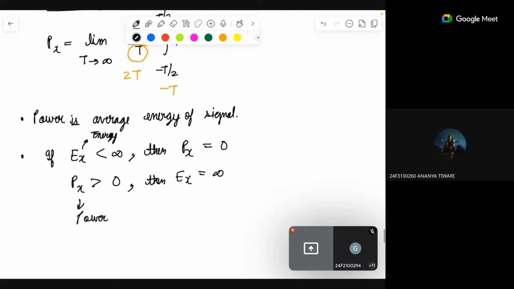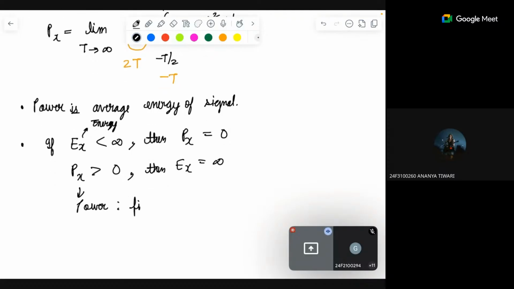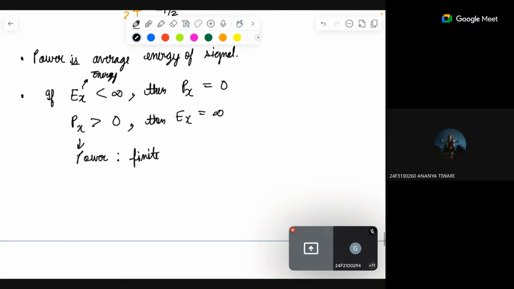Yes, ma'am. Signals with finite power are called power signals. Now let us take these signals: rect t, triangular of t, and e raised to the power of minus t for t greater than 0.